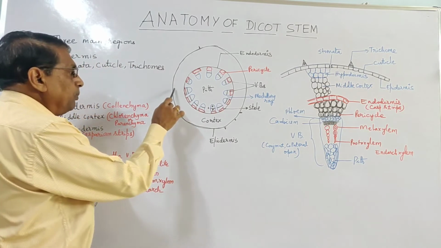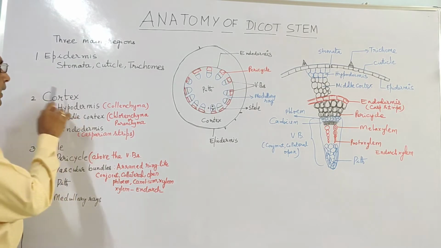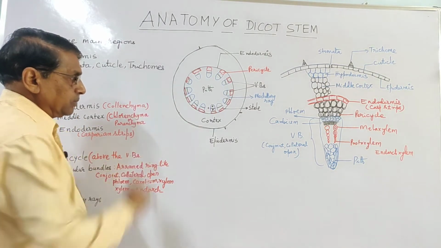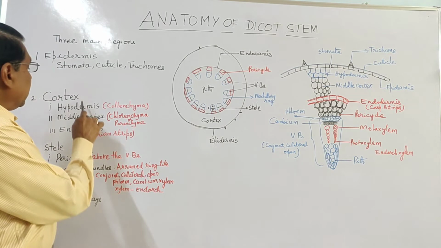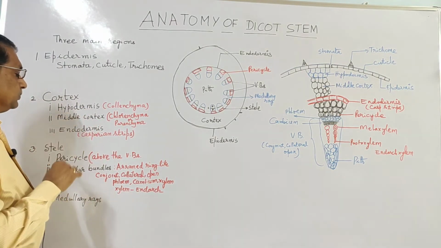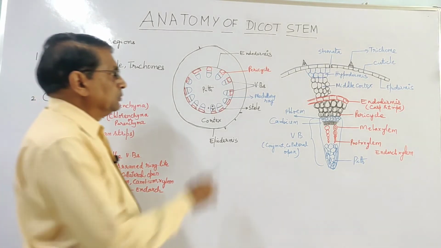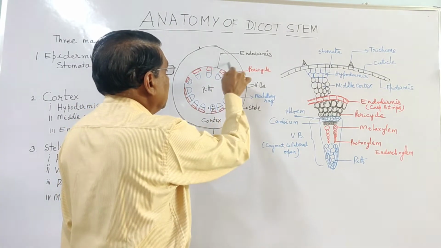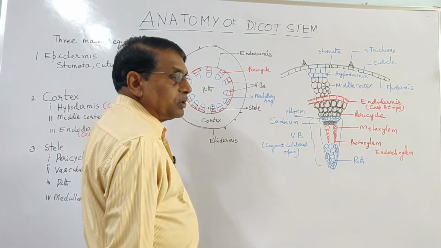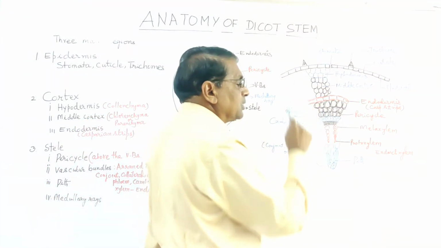The next part of the stem is cortex. This part, cortex. The cortex is further differentiated into hypodermis, middle cortex, endodermis. If you observe under the low power microscope, dissecting microscope, you cannot differentiate these parts, but when you observe the section under the compound microscope, you can see hypodermis.